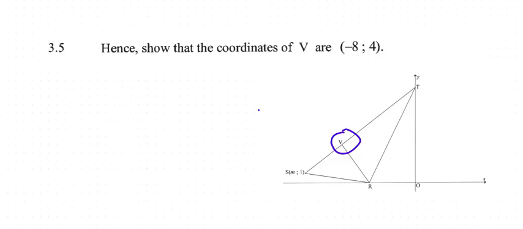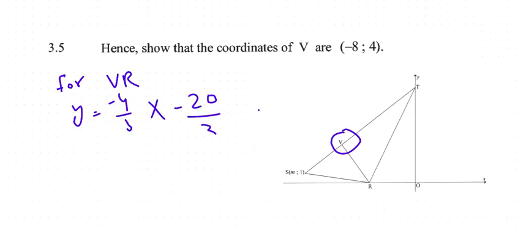As you know, for VR we have the equation y equals minus 4 by 3 x minus 20 by 3, okay? So we need the equation for ST. We use the gradient of ST, which is 3 by 4, and T is 0, 10, all right?